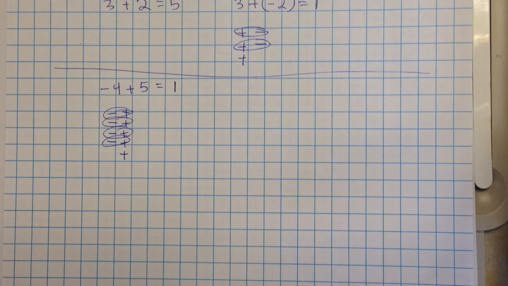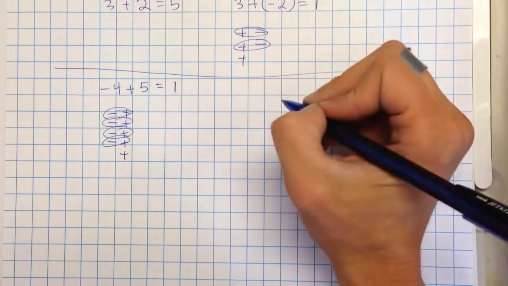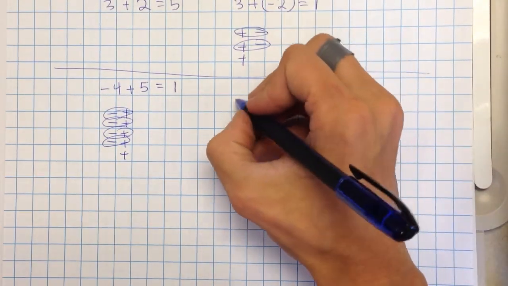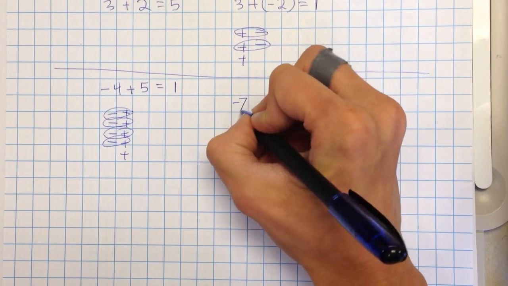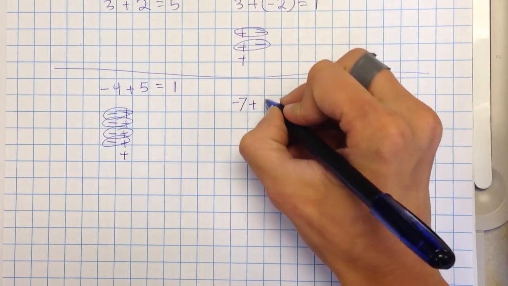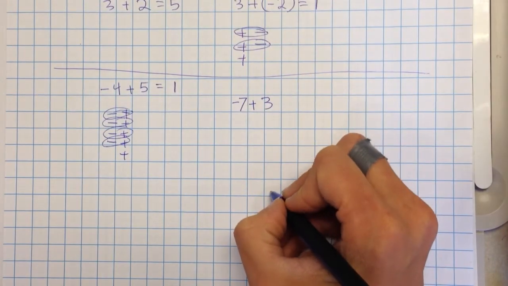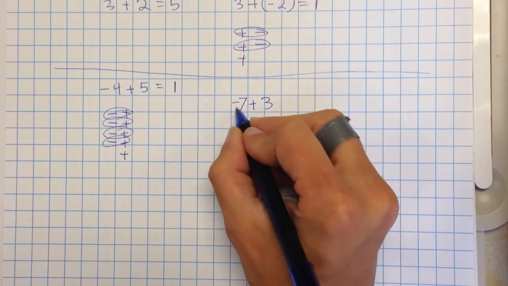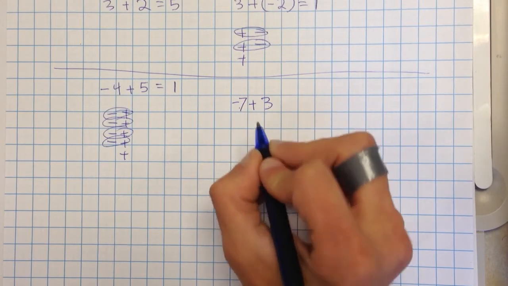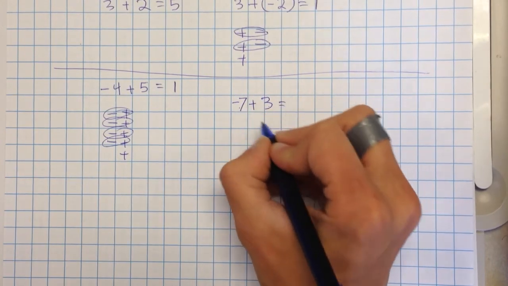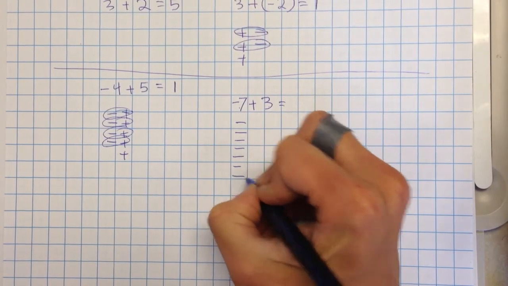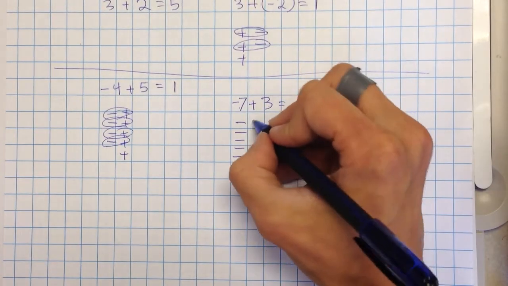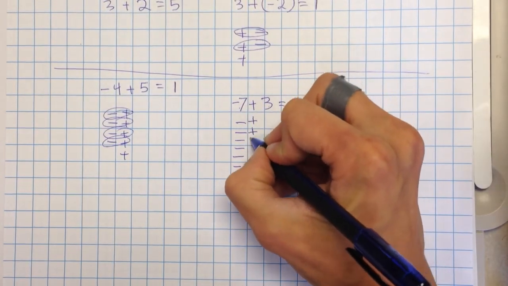Okay, I'm going to do it one more time, and I'm just going to write it this time. Let's say I had -7 plus +3. I'm going to think, more negatives than positives, so my answer is probably going to be negative. In fact, it is. 1, 2, 3, 4, 5, 6, 7 negative symbols. 3 positives, so 1, 2, 3.